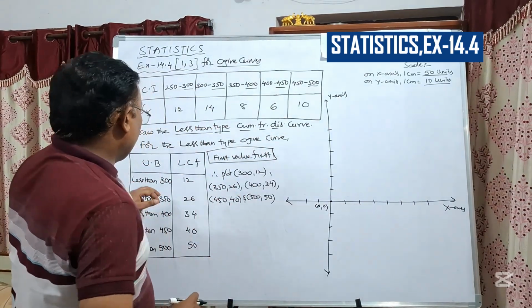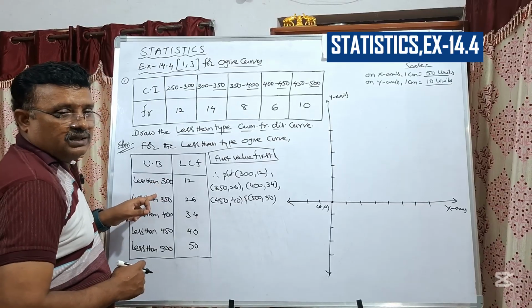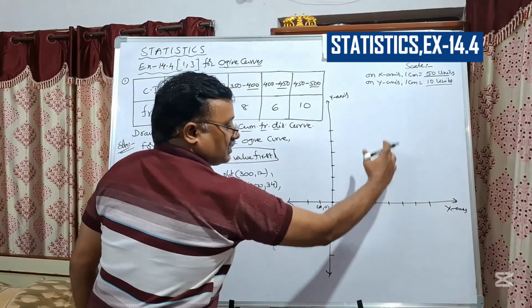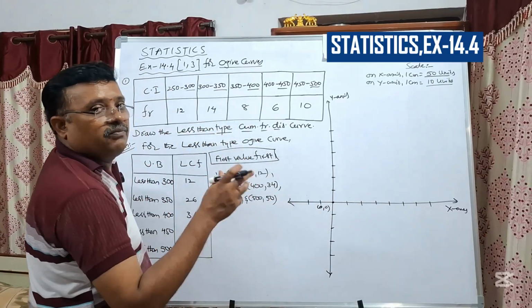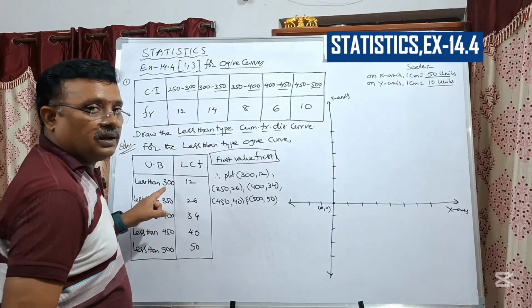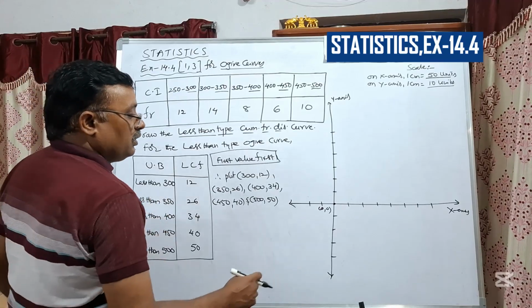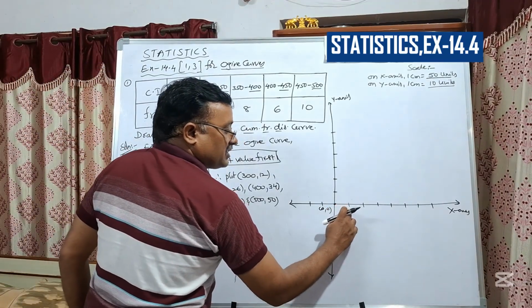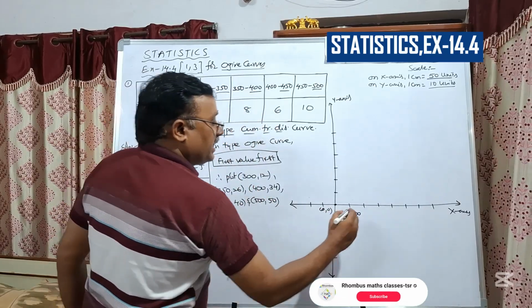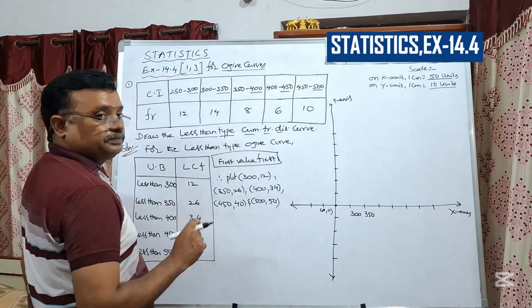But we started with 300 for this table, so up to 300 all that graphical part will be wasted for us. Since our upper boundaries start with 300, we take the first value as 300 for our convenience. Next one will become 350, increasing by 50.